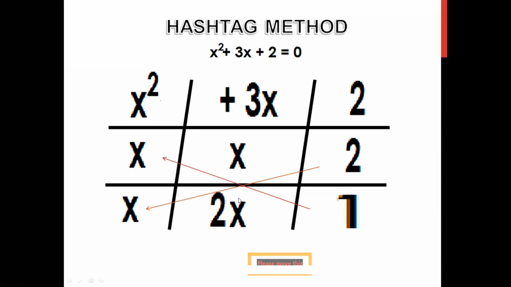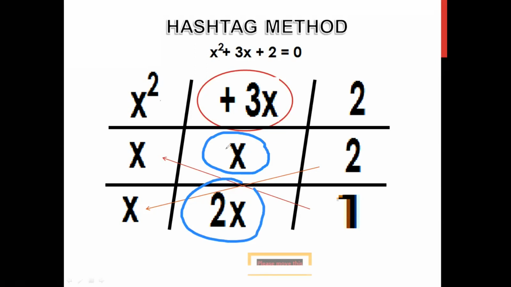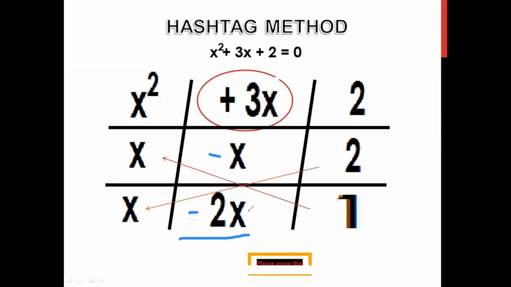Then after that, what should be the symbol of our middle part? What should be the operation here? So we need to get 3x. If I put negative here and negative here, what is the answer? We get negative 3x.